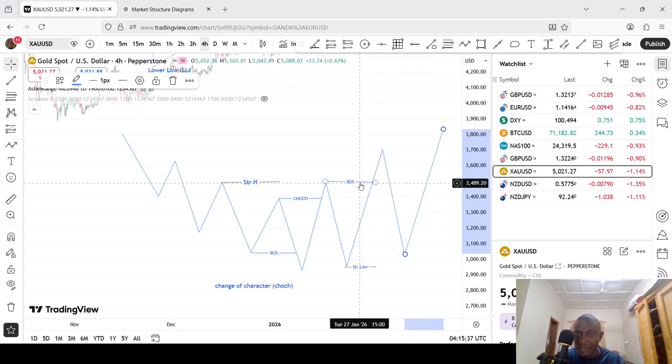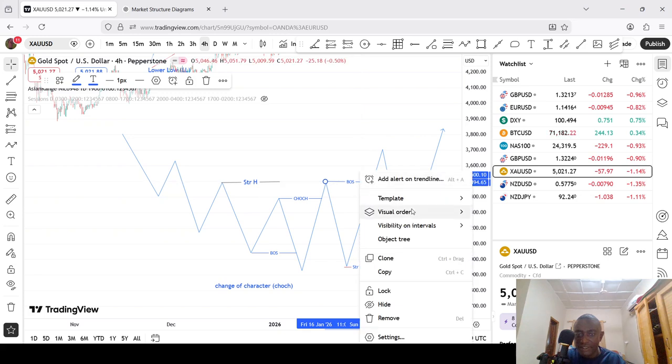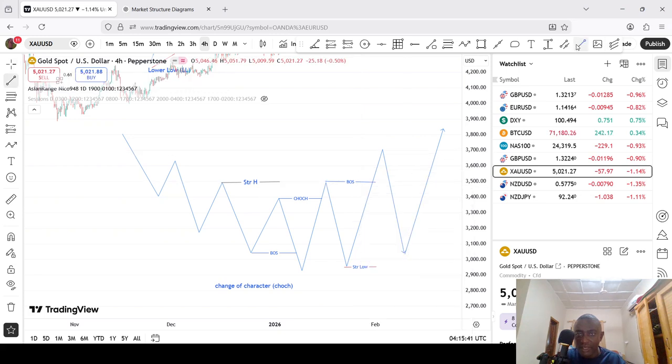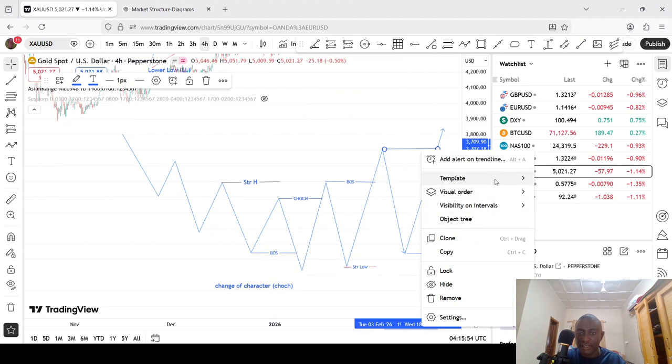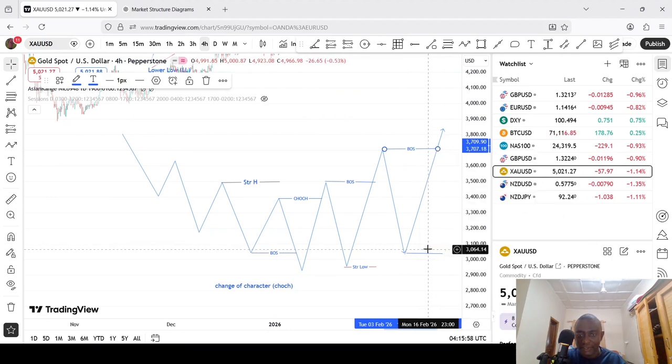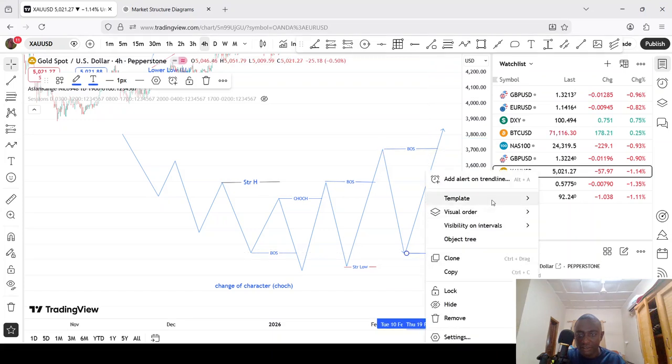So then the BOS focus will now come again to this place. We have our BOS around this point, and here becomes our new strong low. You get it? Okay, so here BOS, and here strong low.